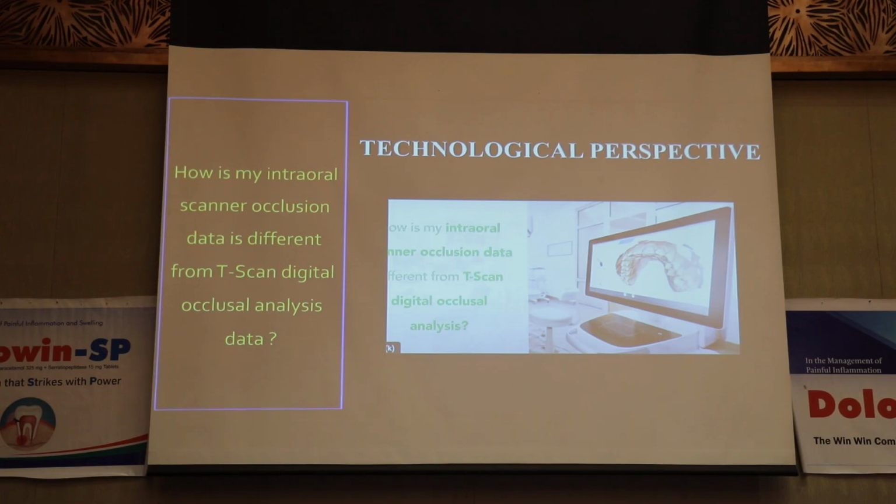You always ask, what is the difference between clenching and bruxing? They say that because of heavier muscular forces, the patient will clench, which is different from bruxing. So the timing of contact is very much needed, and you can utilize the T-Scan for that purpose. This is one of the major advantages of the T-Scan. Apart from the digital workflow, you can utilize the T-Scan also.